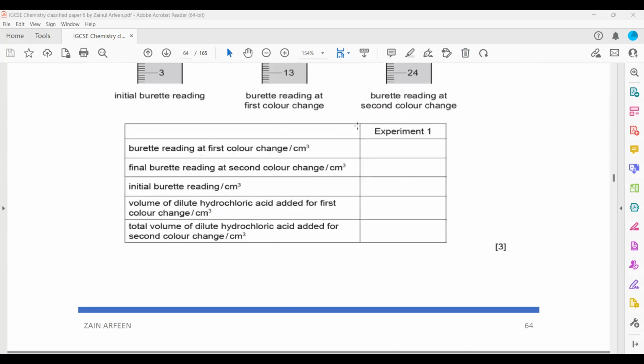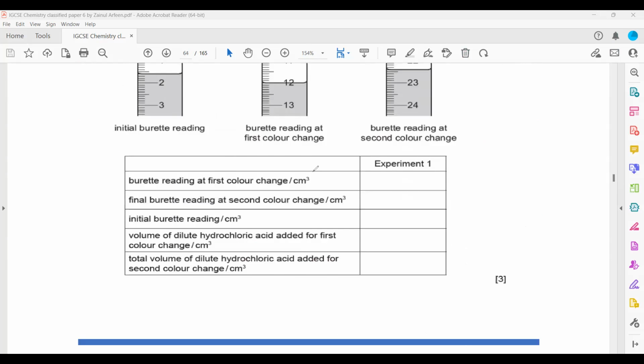For the first color change, I guess 10.4 was there, and this one is 20.8. What is the ratio between them? First color change, we need 10.4. Second color change, 20.8. Can you form a ratio or relation?